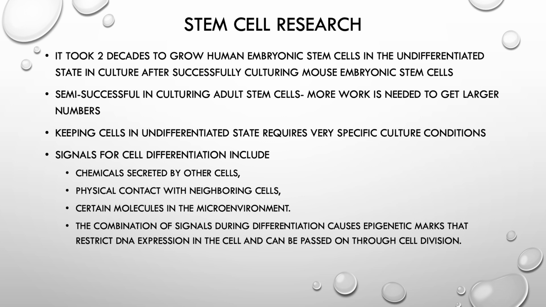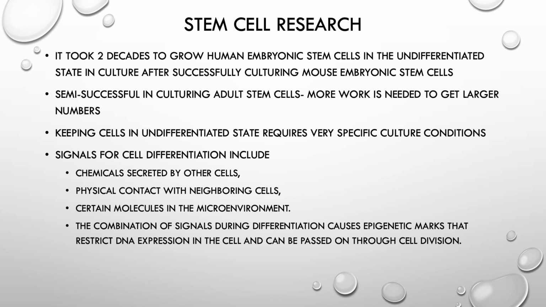There are signals that cells recognize as differentiation signals, and these include chemicals that are secreted by other cells, physical contact with neighboring cells, so how confluent the cells become. Certain molecules in the microenvironment can cause them to differentiate.